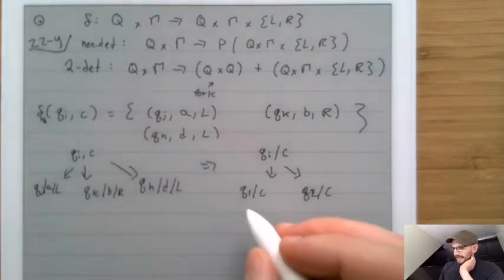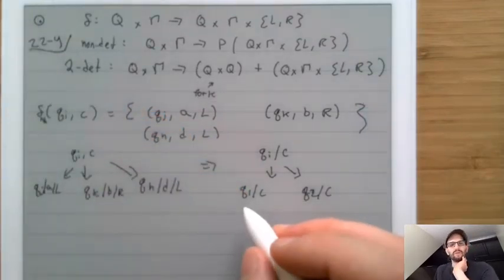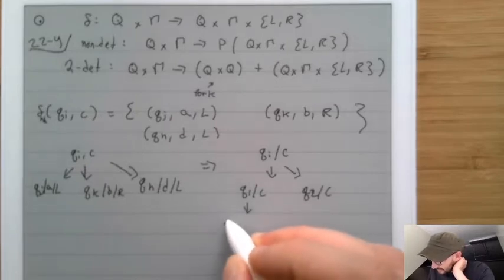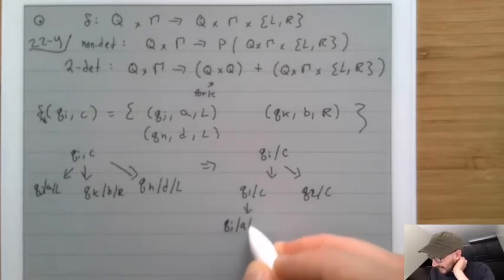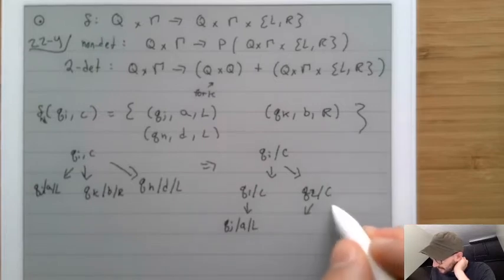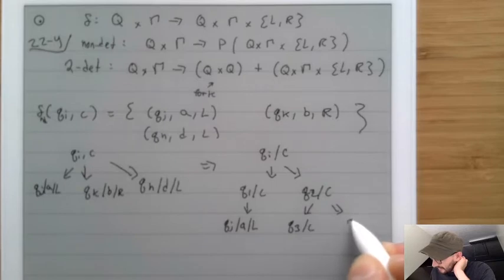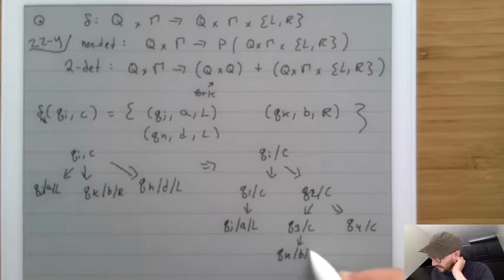So then in Q1, what that one's going to do is let's just have it so that that actually does the QJAL action. And this one forks again, and it goes to Q3C and Q4C. And then this one does QKBR, and this one does QHDL.